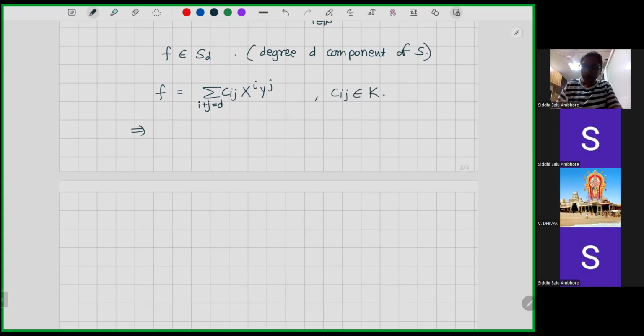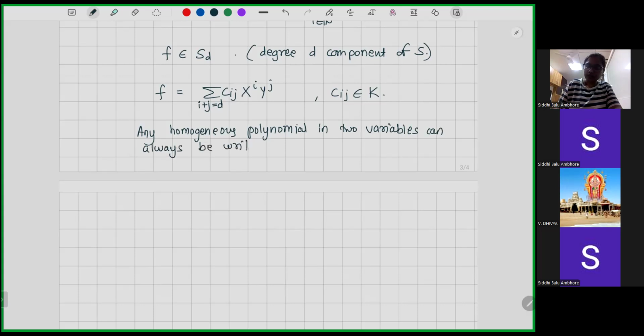So in general, any homogeneous polynomial in two variables can always be written as a product of linear factors.